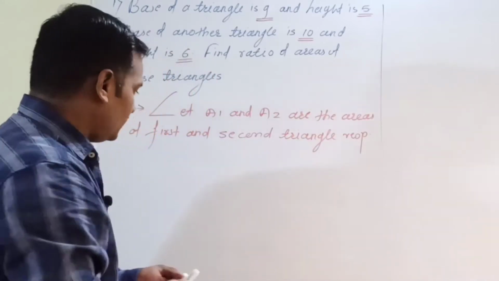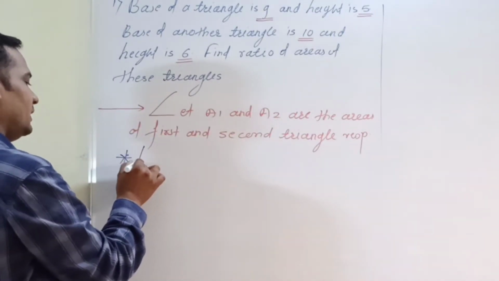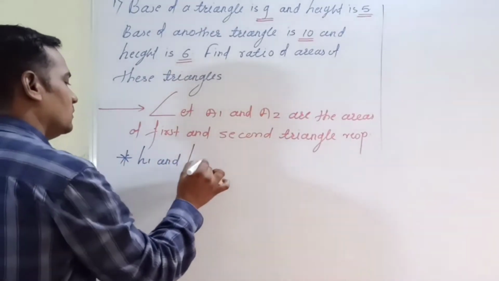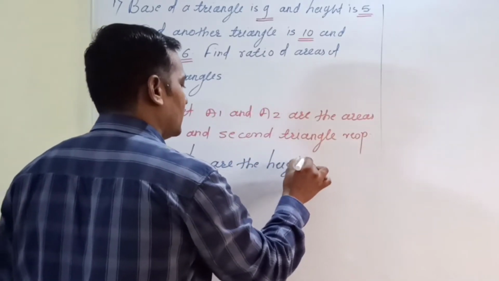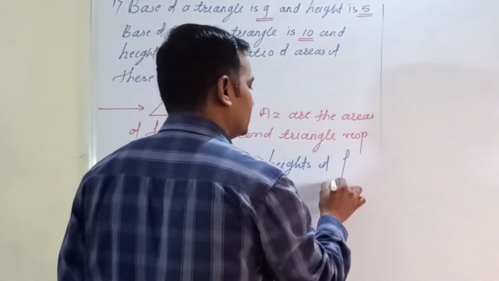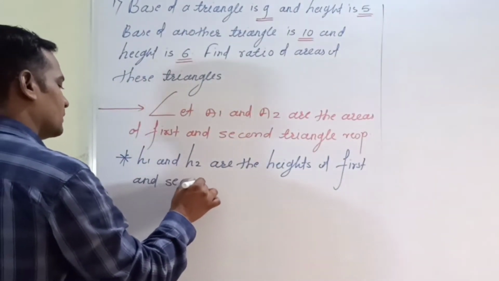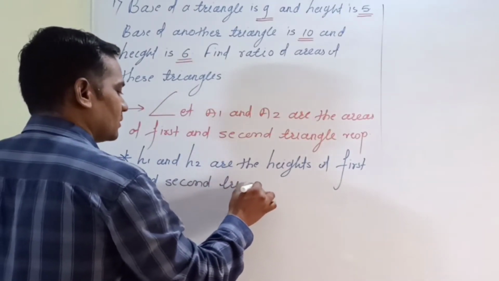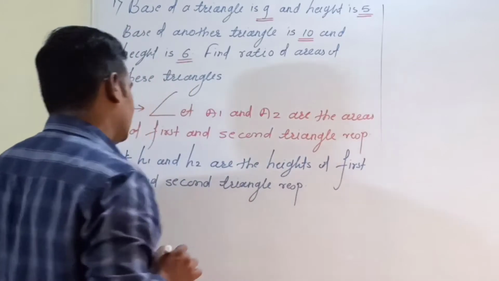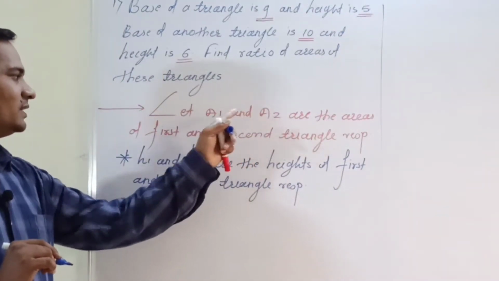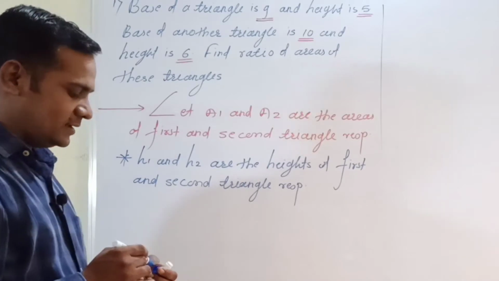Before that, similar to this, H1 and H2 are the heights of the first and second triangle respectively.